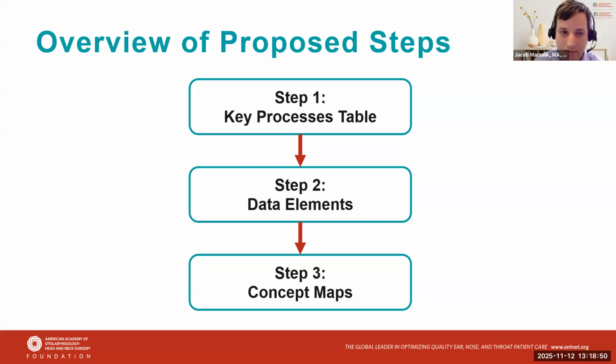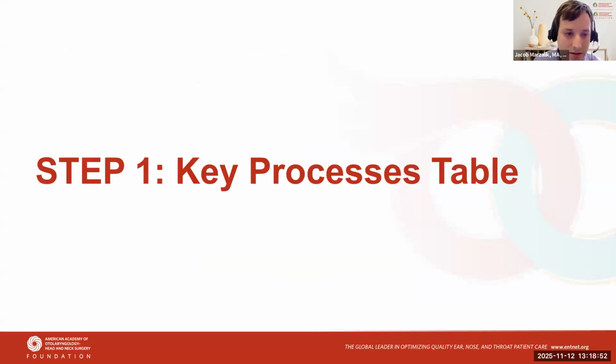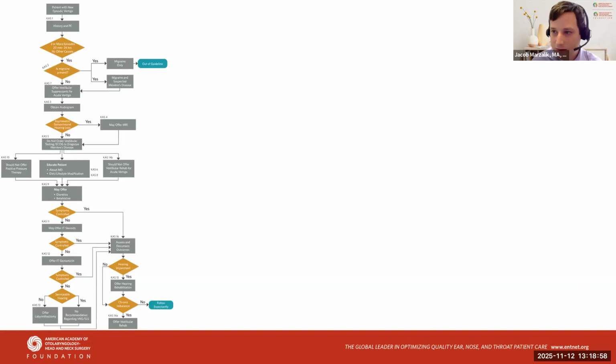These are the deliverables for digitizing. Let's go through the first step, developing the key processes table. On the left-hand side, it might be a little tiny, but this is that same flow chart that you saw previously of the Meniere's guideline. For CPGs, we already sort out the key action statements into a flow chart outlining how target patients should move through the clinical processes.